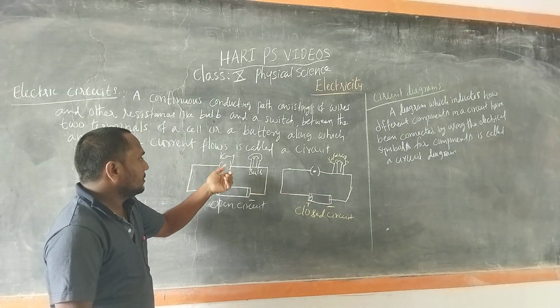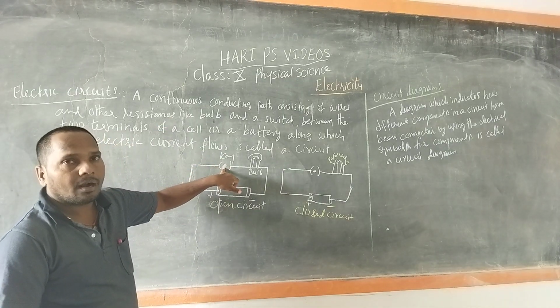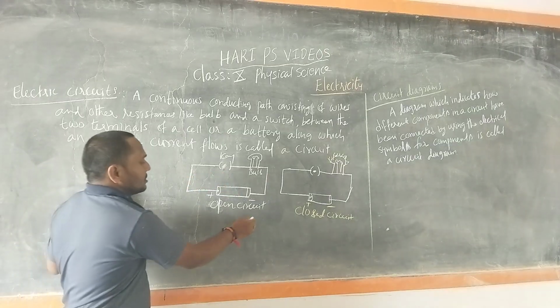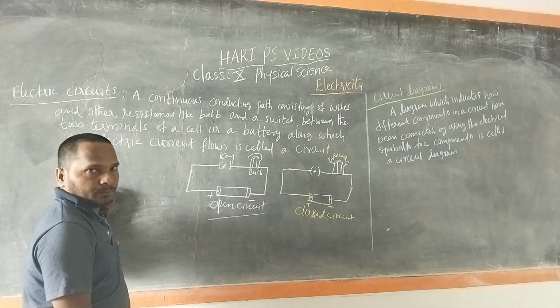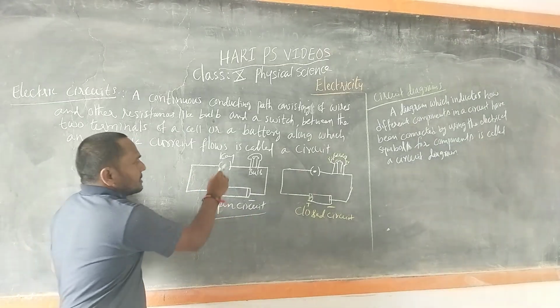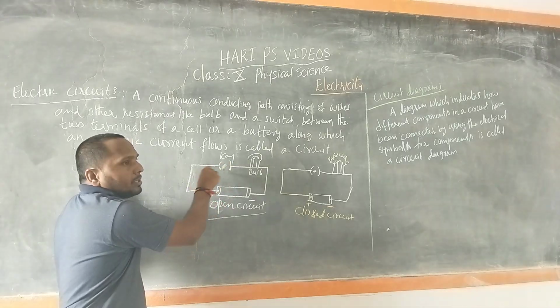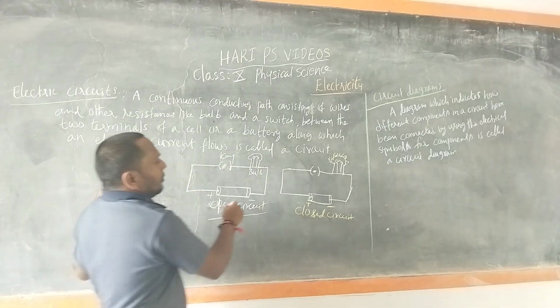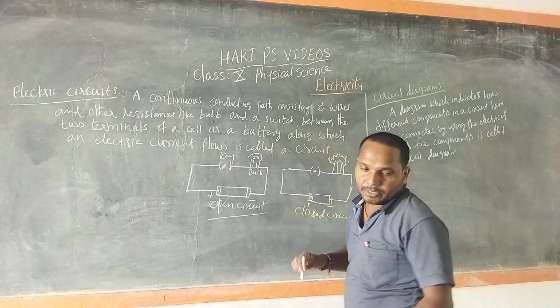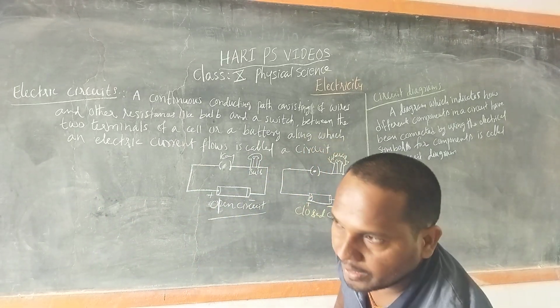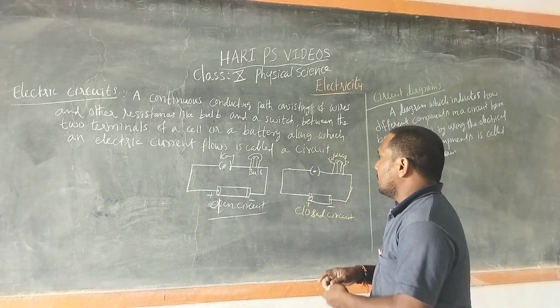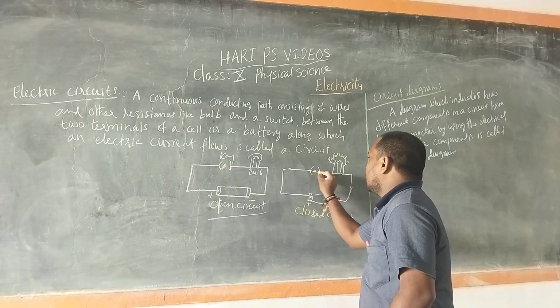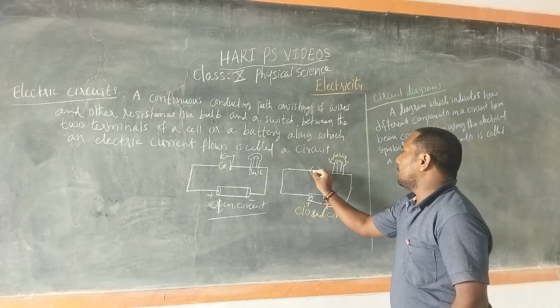When we do not switch on, we can say that it is an open circuit. It means in this case the circuit is not closed, not completed. Whenever we switch on the key, what will happen?